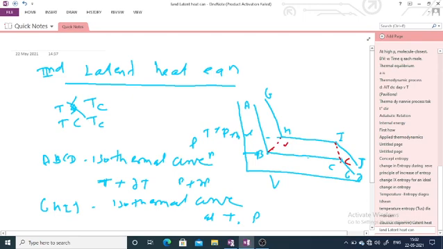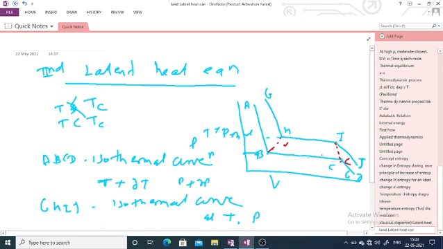Along IC the substance is in a gaseous state, in contact with its vapor state. So we will now consider the processes one by one.